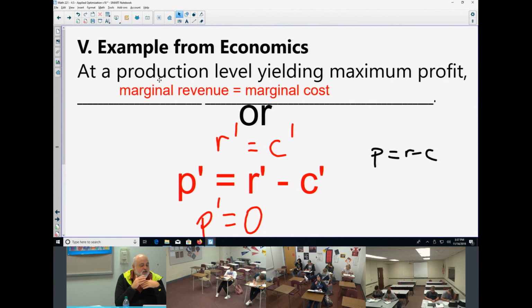When you have a maximum profit, that means the change in profit would be 0. You've already maxed out. So if P prime is 0, then P prime is R prime minus C prime.